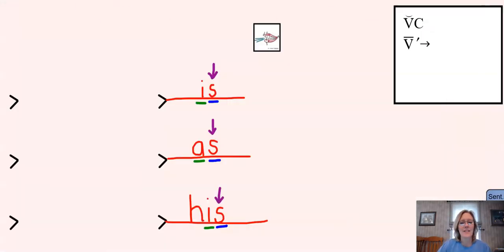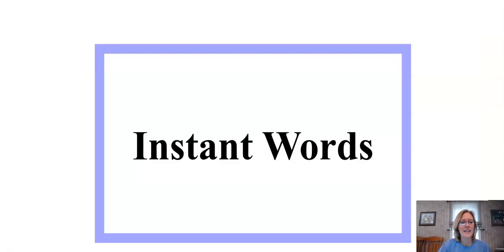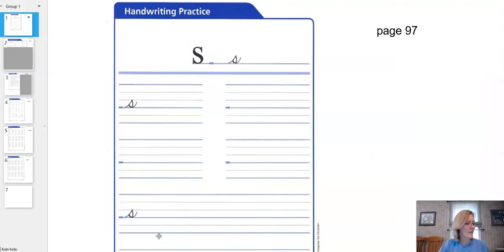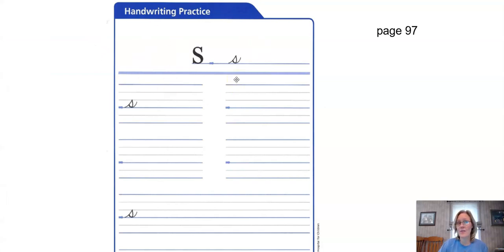Now, let's go on. We're not ready for instant words. I'm going to need for you to open up your binder. And we have practiced this letter before, haven't we? We've practiced the letter S. But this time, when we make the S, we're going to say S, Z, because it's the new sound that we've learned for it. I am on page 97, so you need to turn to page 97 in your book.